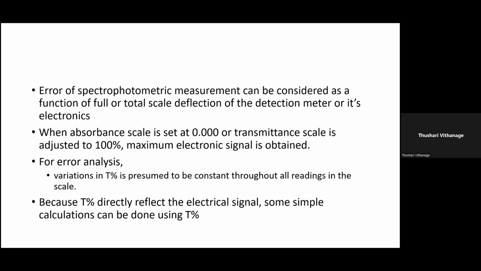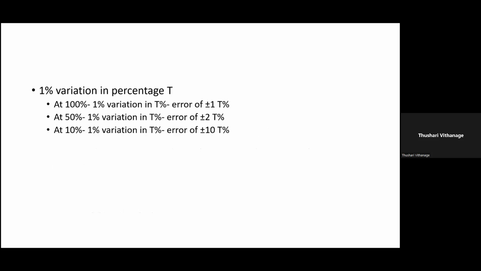For error analysis, variation in percentage of transmittance is perceived to be constant throughout all readings in the scale. Because percentage of transmittance directly reflects the electrical signal, we can do some simple calculations using percentage transmittance.